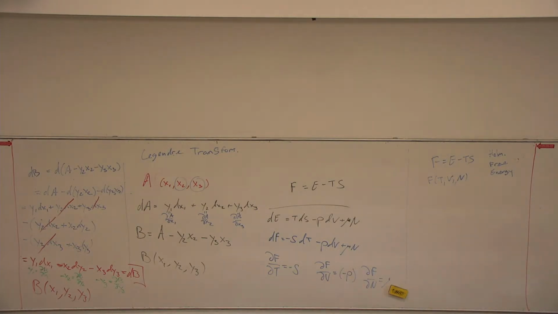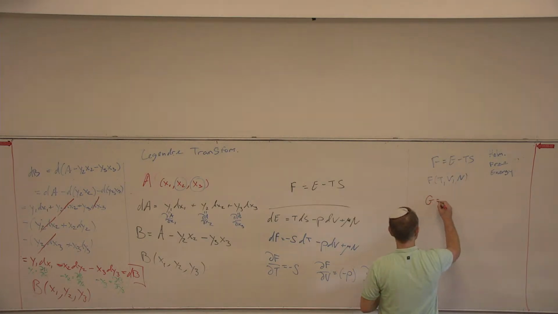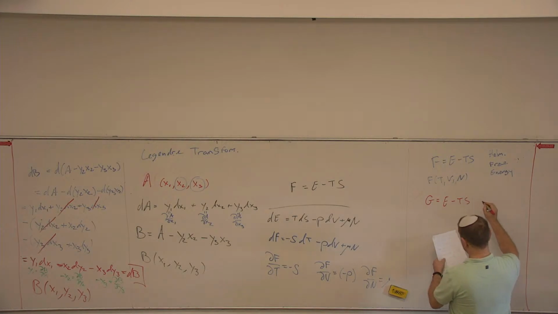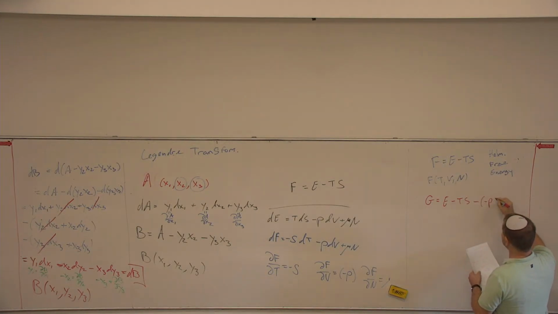I have written several other thermodynamical potentials. For example, Gibbs free energy, G, and G is E minus TS minus PV.